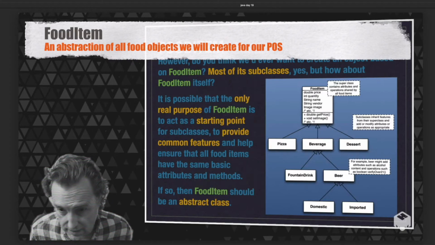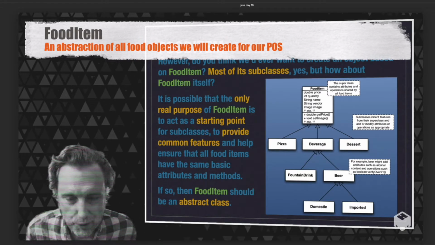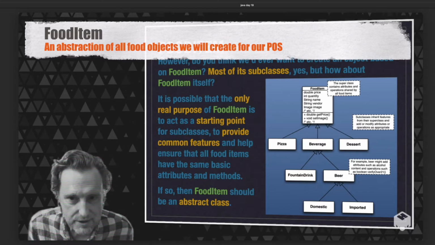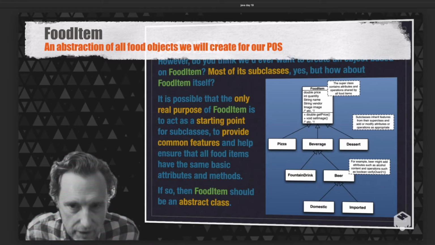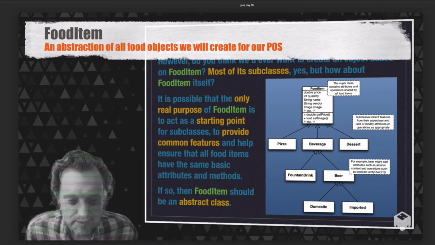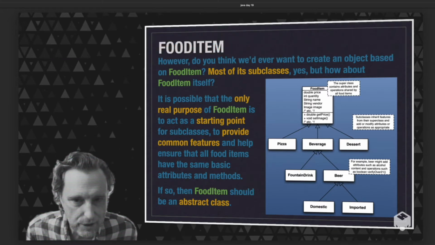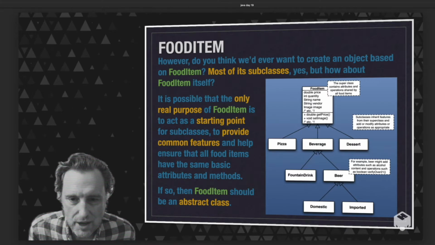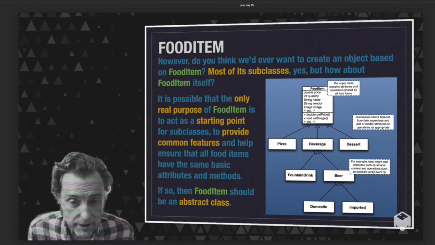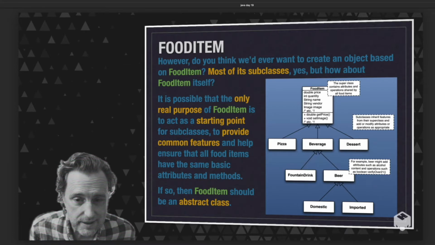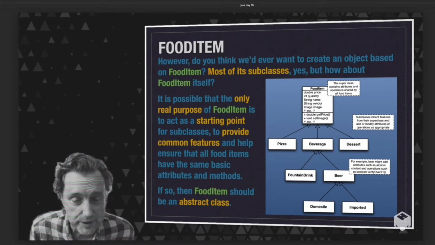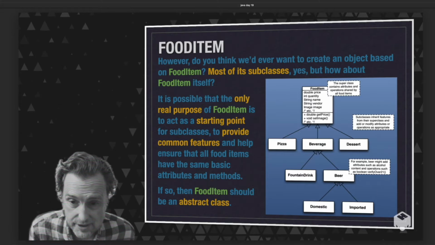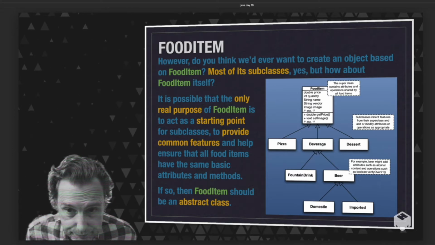Let's look at the class diagram. I don't go into any detail, obviously, on the subclasses, but I'm really focused on the FoodItem superclass. Again, the idea of the FoodItem superclass is that it will contain everything that's common to any food item that we will want to create, any subclass. So it exists in pizza, but it also exists in beverages, and it also exists in desserts.